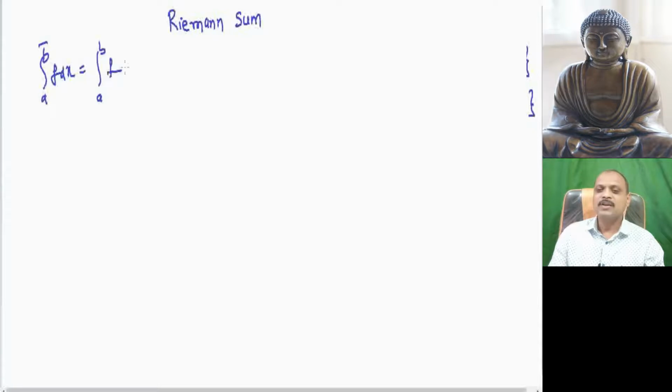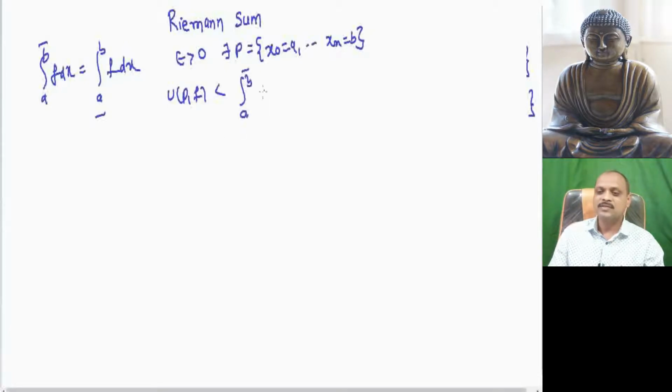By the Darboux theorem, for epsilon greater than 0 there exists a partition P of a and b, x0 equal to a up to xn equal to b, such that the upper sum UPF is less than the upper integral of f dx plus 1 by 2 epsilon. Again by the Darboux condition, the lower sum is greater than the lower integral minus 1 by 2 epsilon.